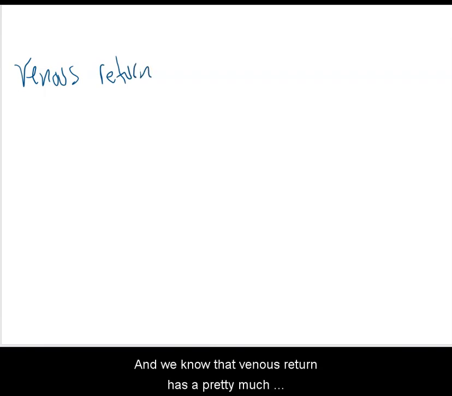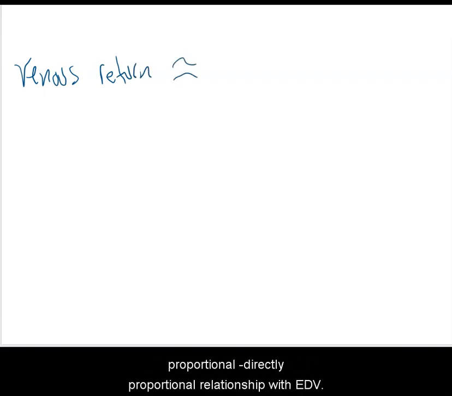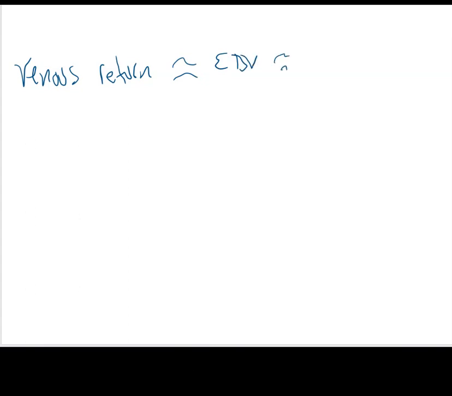And we know that venous return has a pretty much directly proportional relationship with EDV, which is directly proportional to stroke volume, right? You see the relationships here to blood pressure.